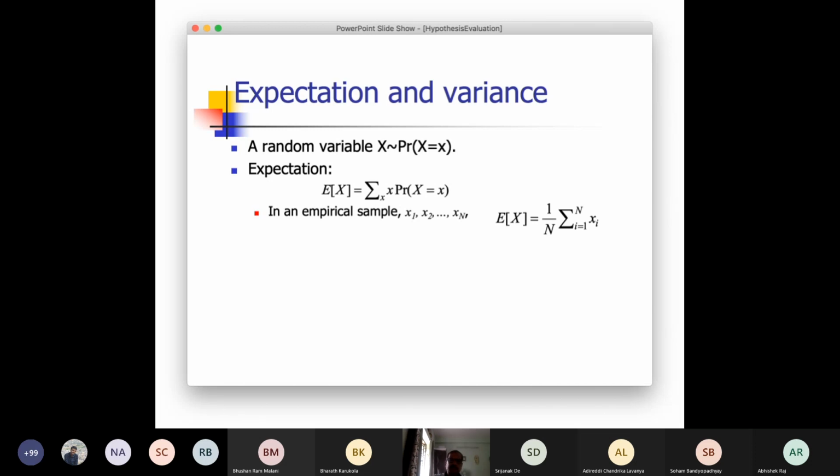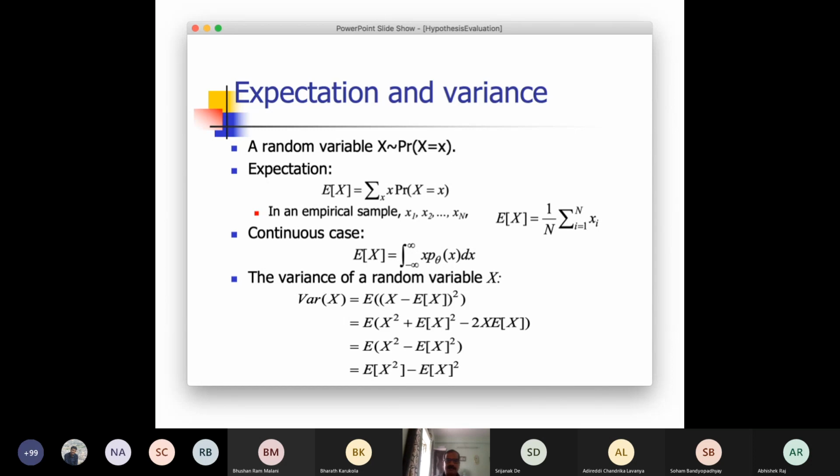Empirically, since it is an average, you can simply consider samples randomly drawn for that random variable and take the mean of that sample as an estimate of this expectation. In a continuous case, a probability density function defines the probability distribution over the space, so you need to do integrations. These definitions are quite standard.